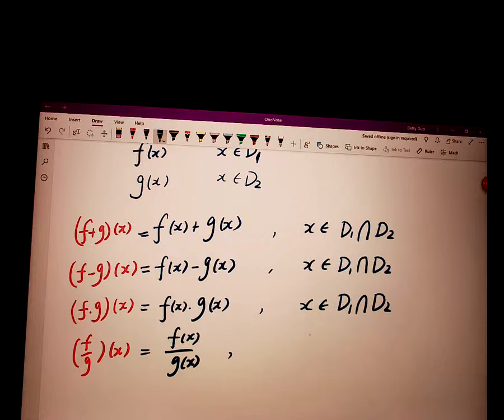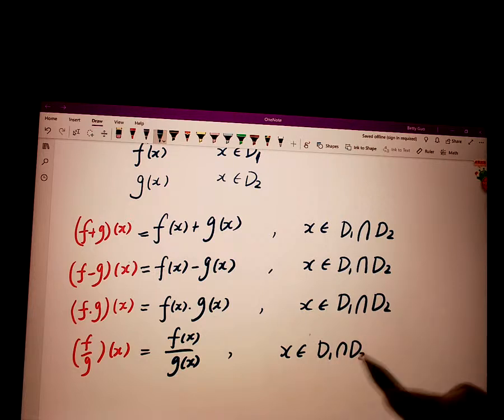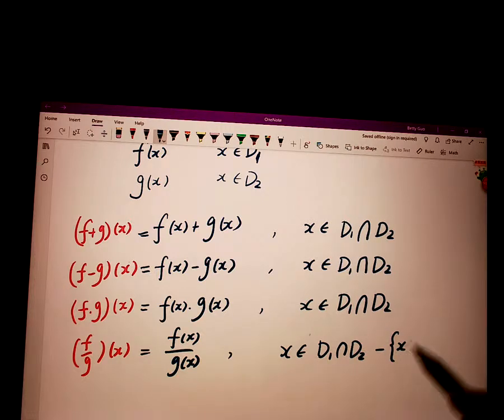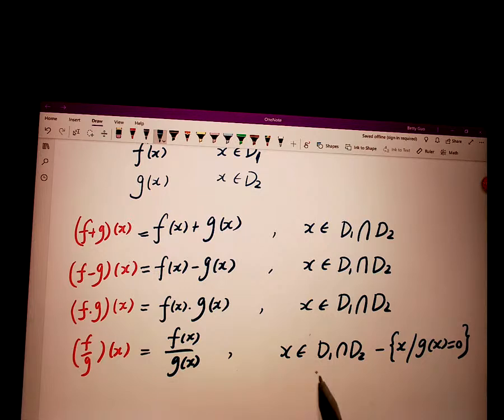The domain is going to be D1 intersect D2, and then subtract whatever the values would make g(x) be 0. Does that make sense? Of course, the value or values that make the denominator 0 would not be in the domain, right? So besides D1 intersect D2, the same as earlier, we have to remove all the value or values of x that would make the denominator be 0. So that's the domain for the division function or quotient function of f and g.